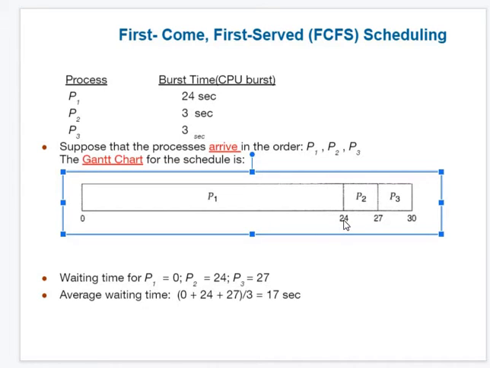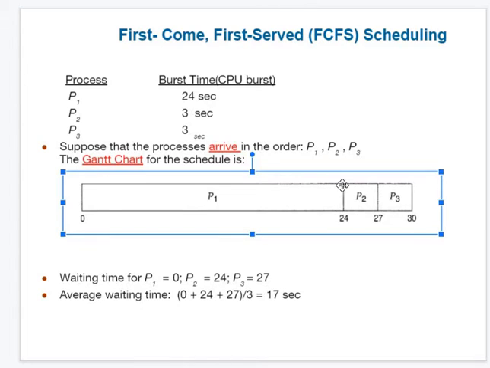It is 24 seconds. By imagination I count 1, 2, 3, 4, 5, and so on up to 22, 23, 24, somewhere here. I put a line here. This line indicates P1 completion, and the earlier line indicates P1 started. P1 starts at the very first time interval and ends at exactly the 24th time interval.